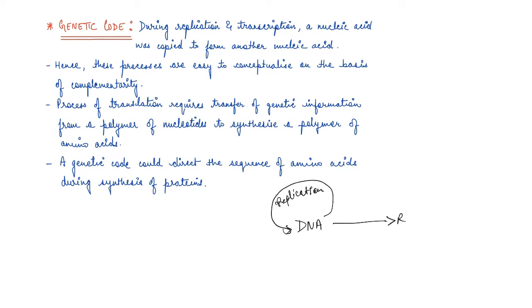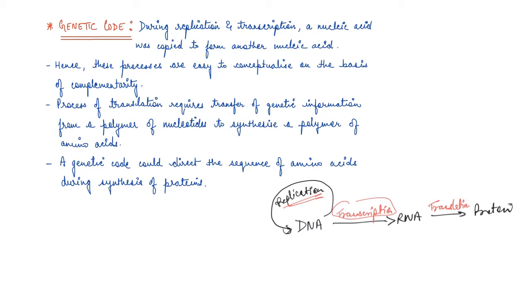Then RNA and then protein. Now here we have transcription and here we have translation, right? So when replication or transcription is happening, one nucleic acid is getting copied to form another nucleic acid, right?